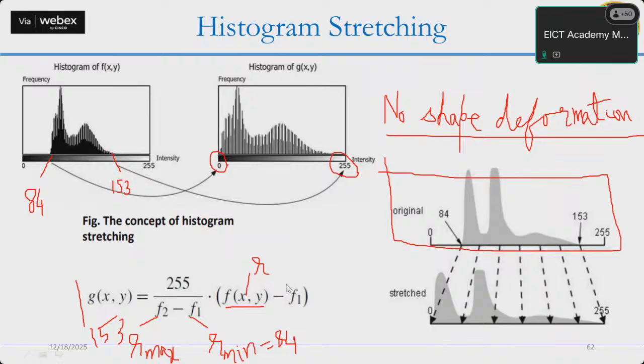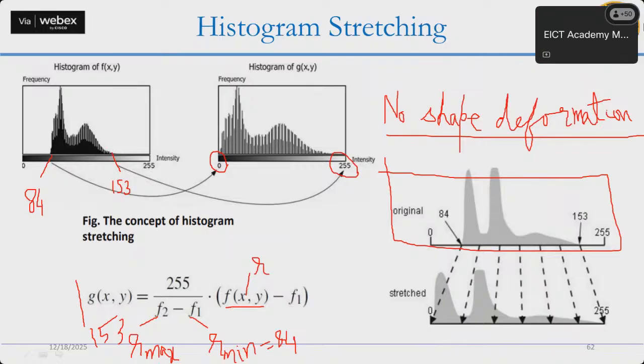So 153 minus 84, also divided by 153 minus 84, both cancel out and the final value will be 255. Is it a bit clear? Okay. Not only for this case, you can take any case. This is the magic of this formula.